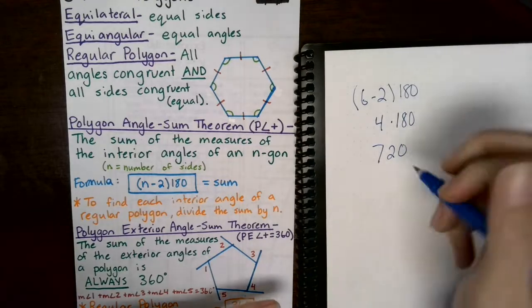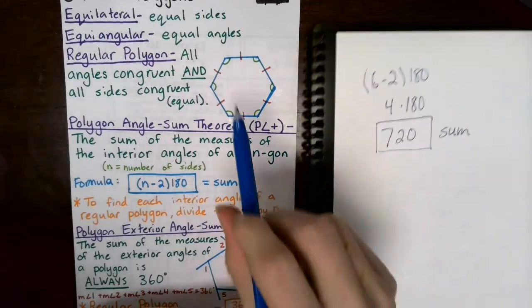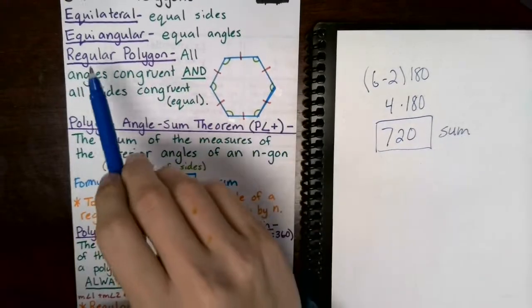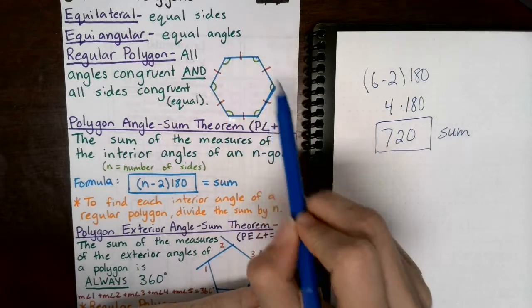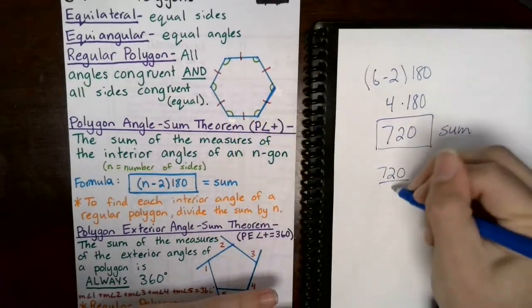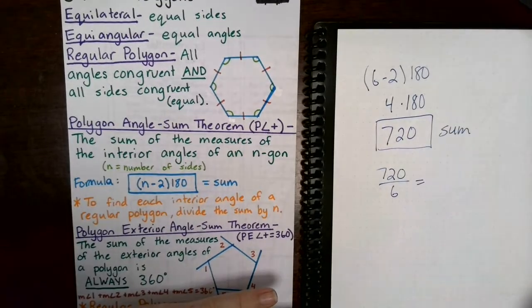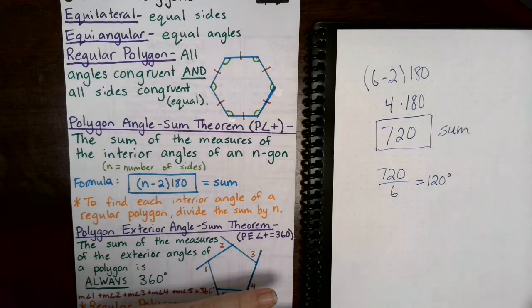So I know that 720 is the sum of all the angles. If it's a regular polygon, I know all the angles are the same measure, and there are 6 angles. So I can divide 720 by the number of sides, 6, to get that each angle would be 120 degrees.